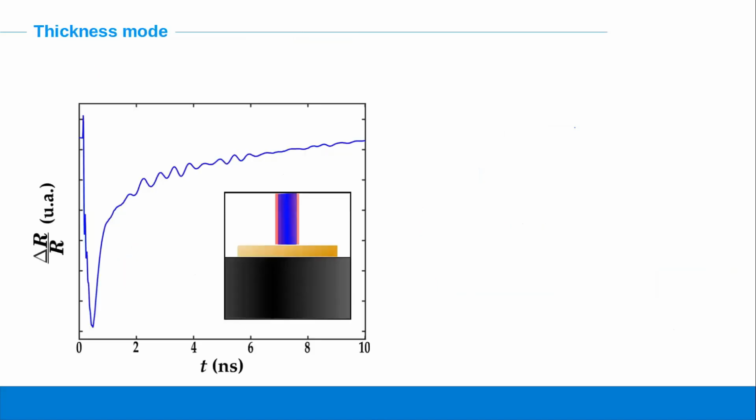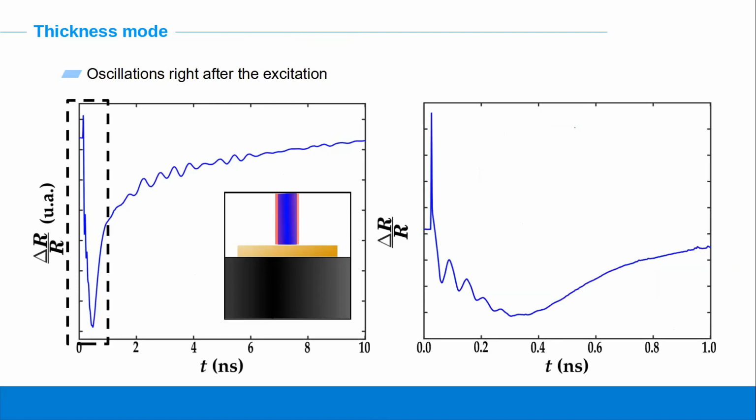So this is the investigation of the vibrational response, but this is not exactly what we're looking at when we want to use such structures as nano-sources. But if we look in the first nanosecond after the excitation, we can find some additional oscillations, which have a much smaller period and quickly decrease.